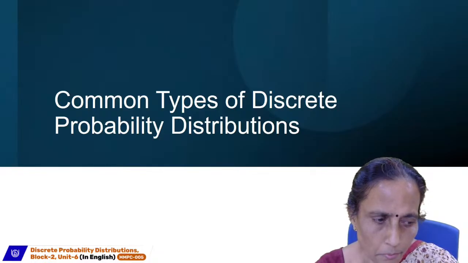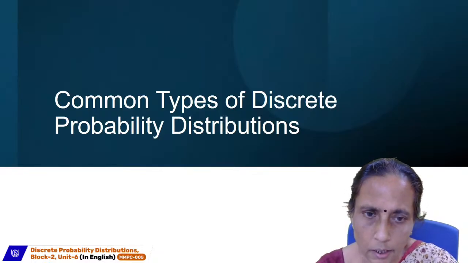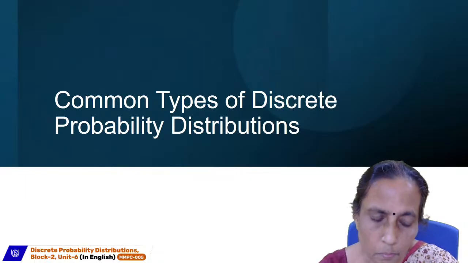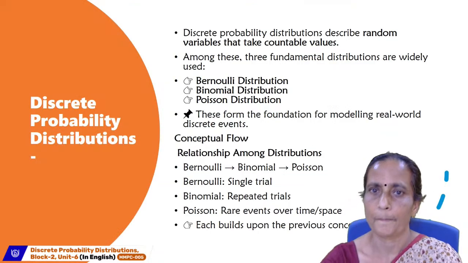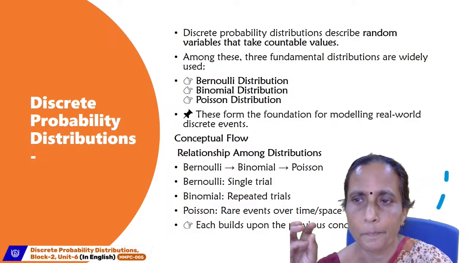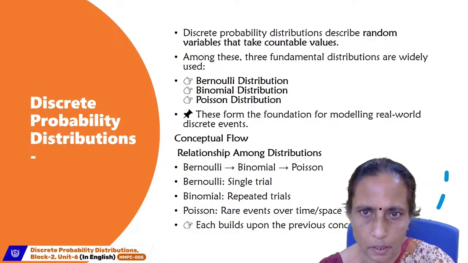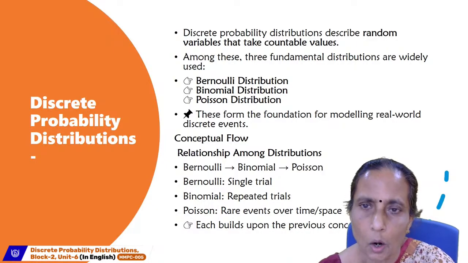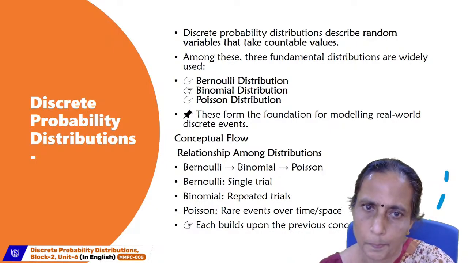Now we will discuss certain types of discrete probability distributions. Discrete probability distributions describe random variables that take countable values.